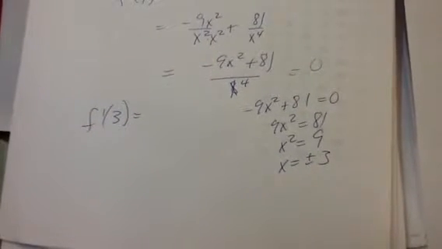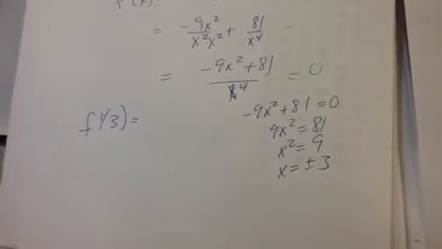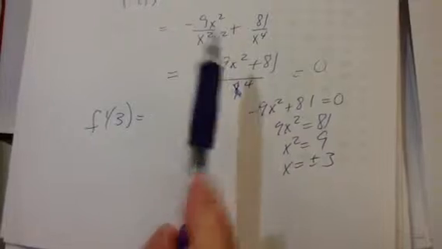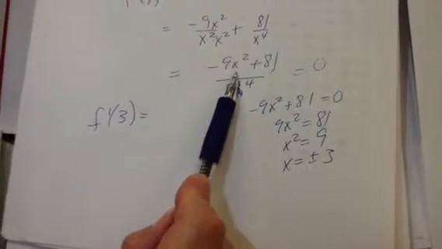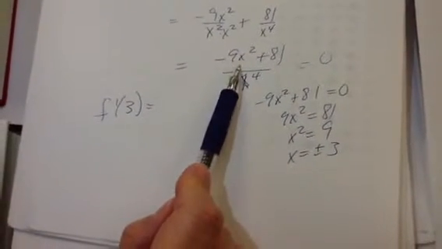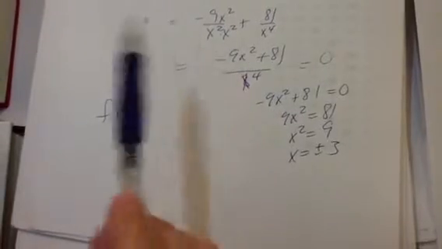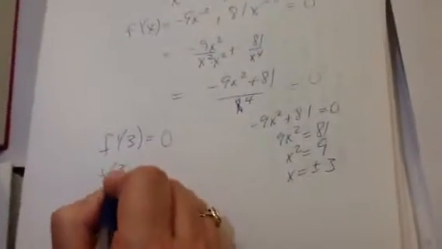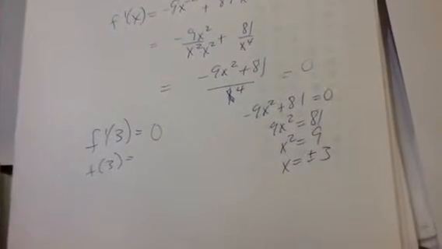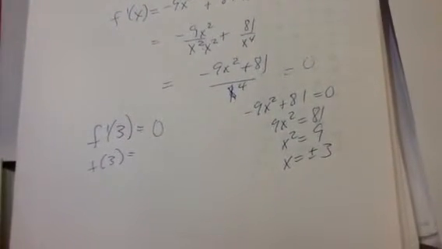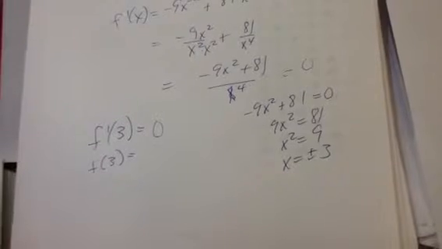All right, so I plug in 3. If I plug 3 into this one, negative 9 times 9 is negative 81, and I get 0. Where does that point occur? Plug it where? In the original.